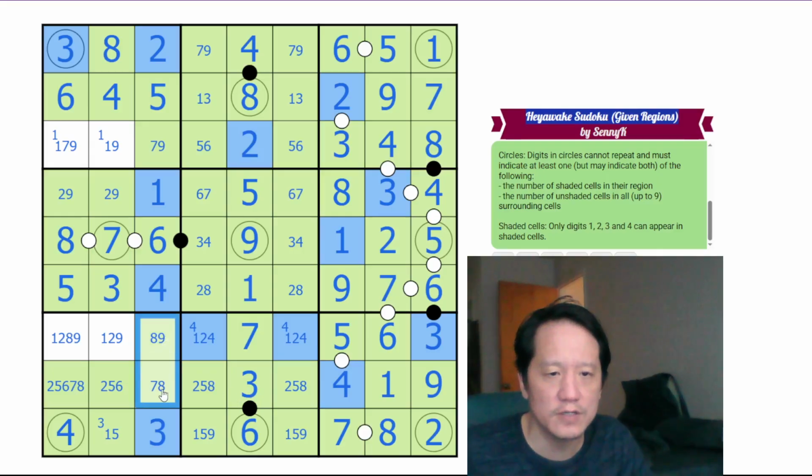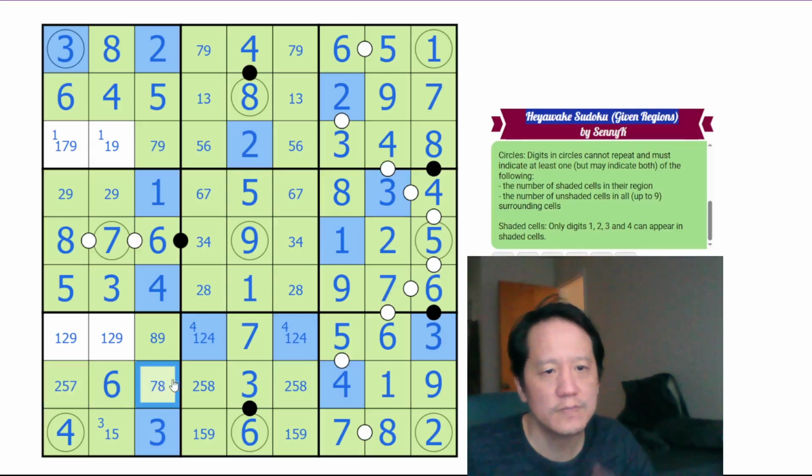It's 7, 8. So 8 cannot be here. 6 can't be here. Where is 6 in box 7? It has to be here. So that's 6. One of these is a 7.